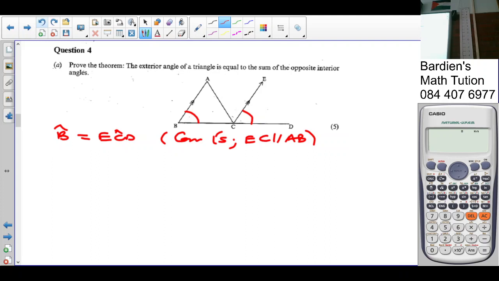Then we said angle A is equal to ACE. Why? Alternate angles are equal. Then what is supposed to have been written here? Lines that are parallel. I would have lost the mark. AB is parallel to EC.